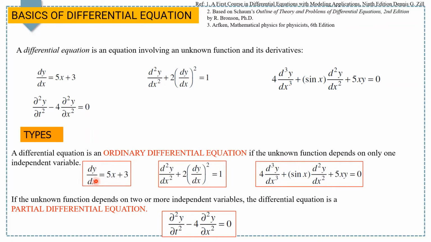But if the unknown function depends on two or more independent variables, in that case, the differential equation is called a partial differential equation. And here is an example where y, being the unknown function, depends on two variables, t and x.